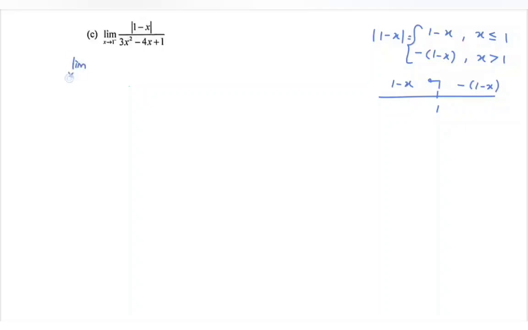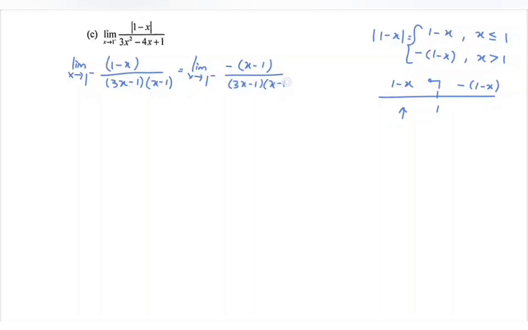Limit as x approaches 1 from the left. Here we have the left hand side, 1 minus x over, if we factor the denominator, 3x minus 1 multiplied by x minus 1. Rewrite the situation: limit as x approaches 1 from the left, factor out the negative, and we have x minus 1 over 3x minus 1, x minus 1.